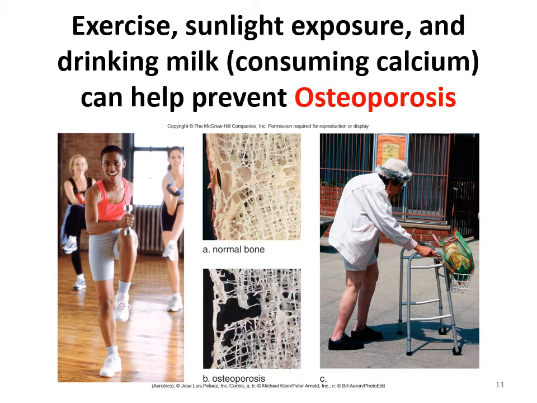Basically, with osteoporosis, your bone mass decreases over time, and with bone mass decreasing, the bone strength decreases as well. So you get weaker, more fragile bones, and even a minor stress, such as coughing too hard, can actually cause fractures in those weak, fragile bones.